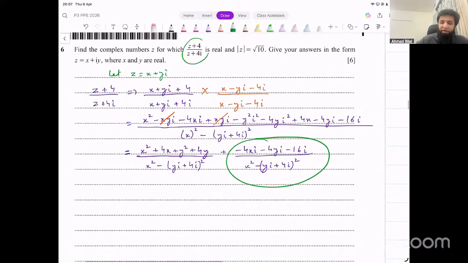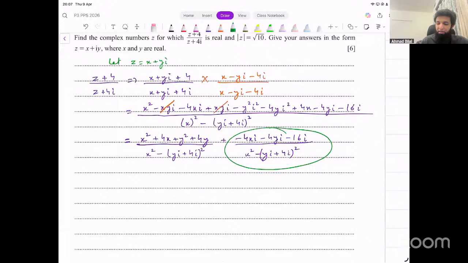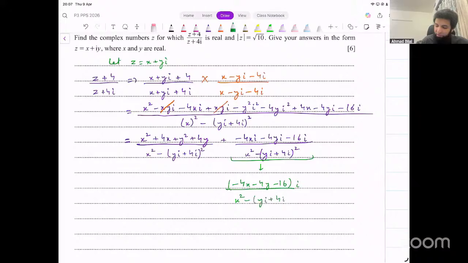Since they're saying this fraction is real, that means this whole thing must be equal to 0. So you equate it to 0. Equate this imaginary part to 0. In the numerator, you have minus 4x minus 4y minus 16. That's the imaginary part, right? Divided by whatever this is, x squared minus y iota plus 4 iota whole squared. Put this equal to 0.